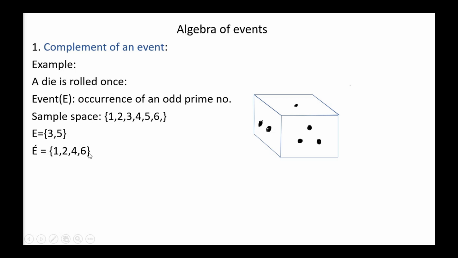What it actually means is, complement means the opposite of what we have just got. So in our actual event E, we had 3 and 5. So the remaining outcomes are known as the complement of this event. These are the opposite, and that's why 1, 2, 4 and 6 will be the complement of event E.